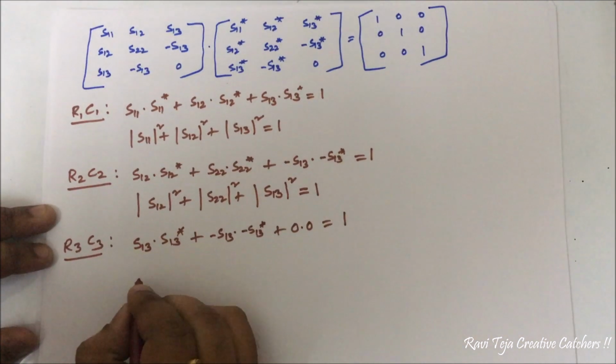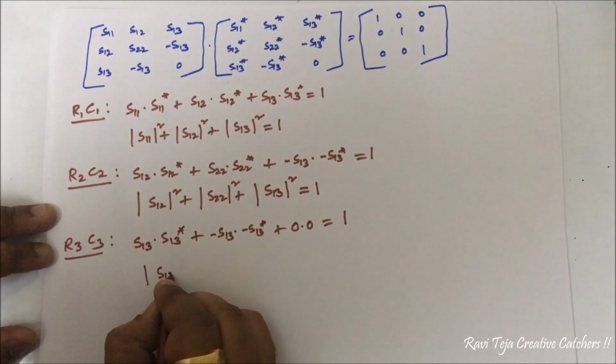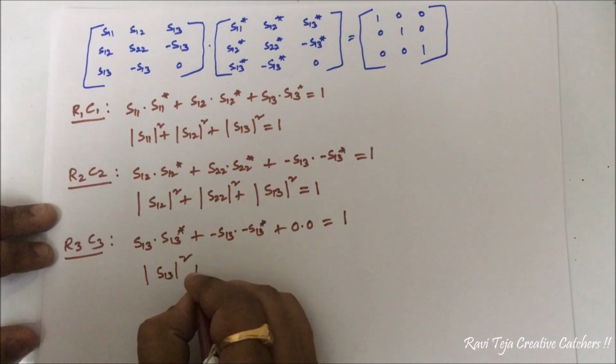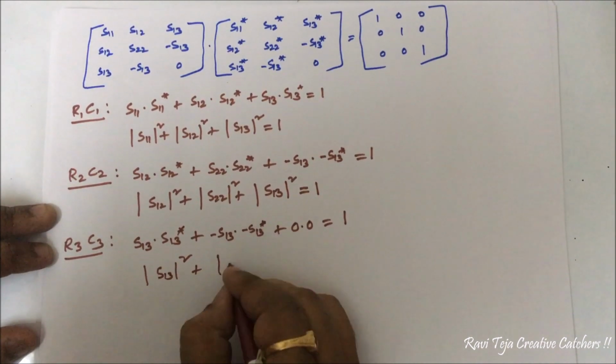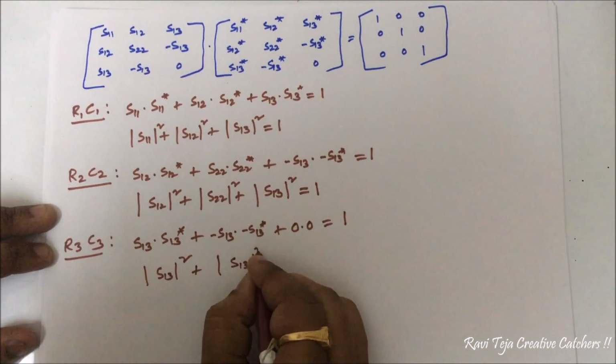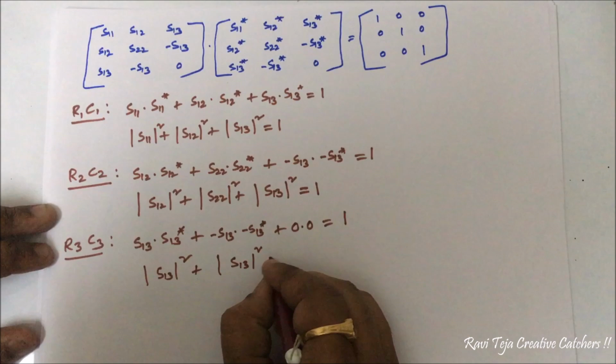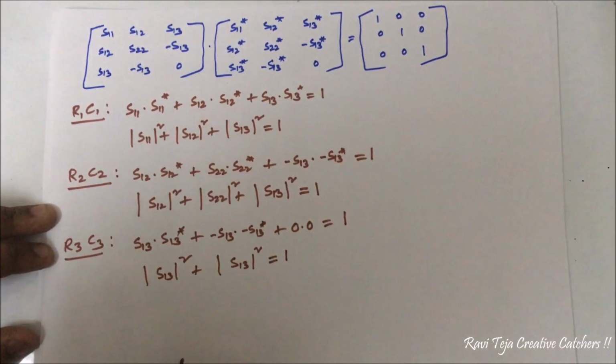If we solve this, mod of S13 whole square plus mod of S13 whole square plus 0 into 0 is 0. So we get equal to 1.